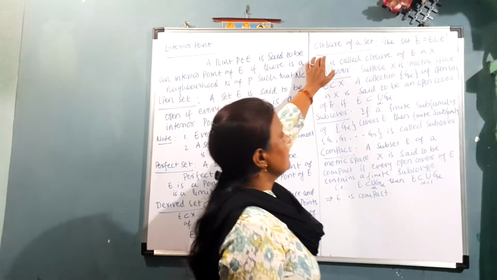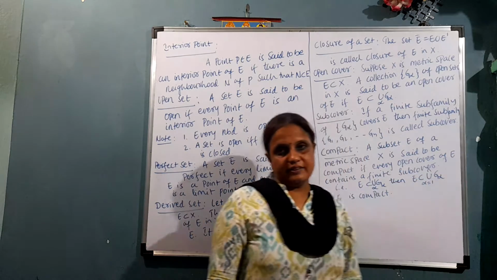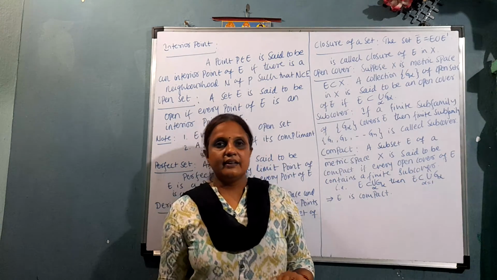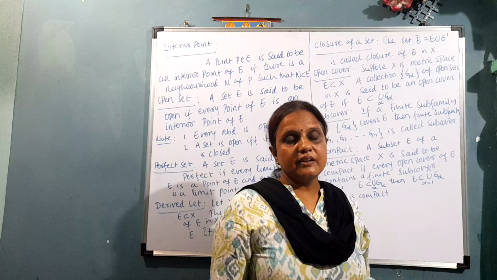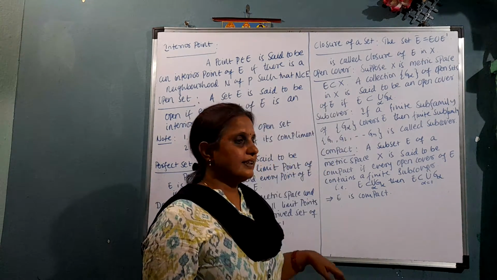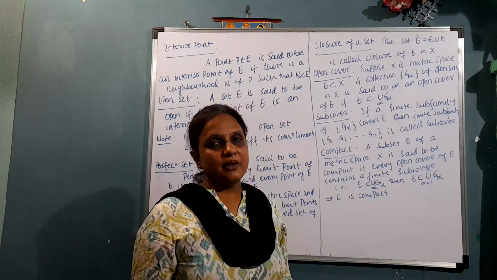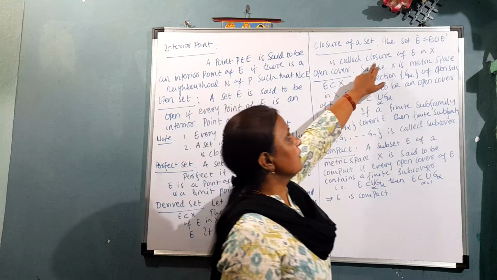Next comes the closure of a set. The closure of a set is generally denoted as E bar. It is the union of a set and its derived set. So the closure of a set contains the elements of E as well as the limit points of E. That is said to be the closure set.